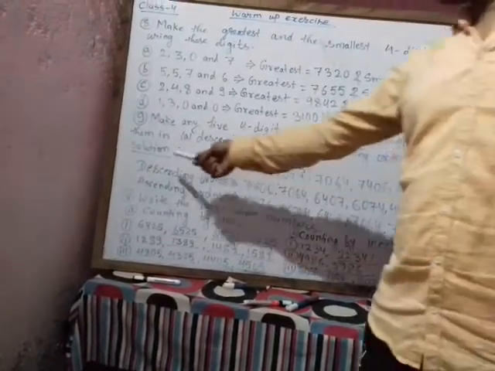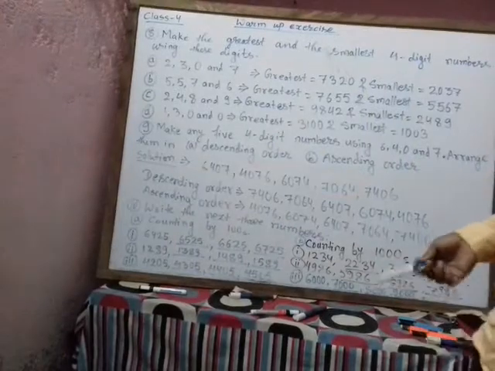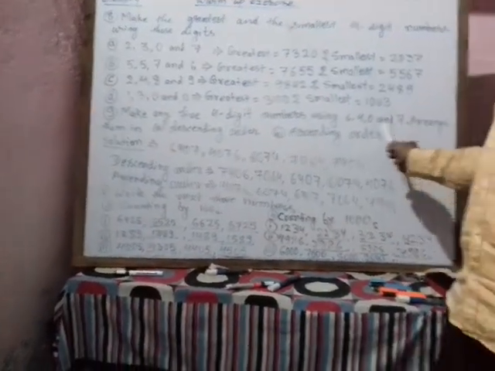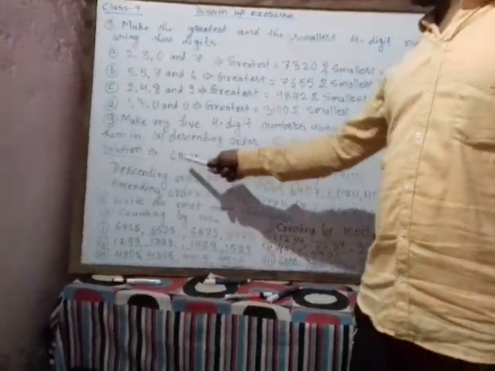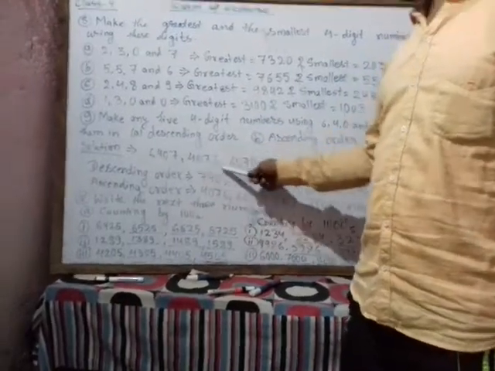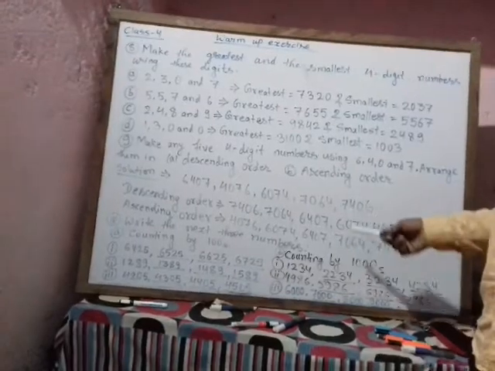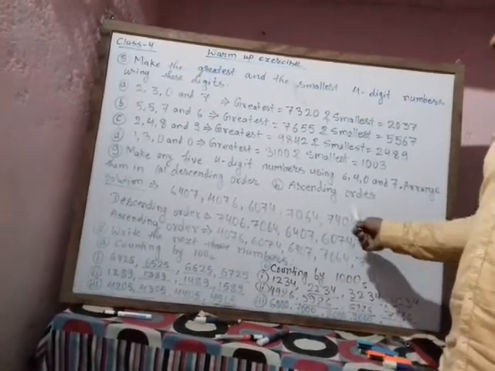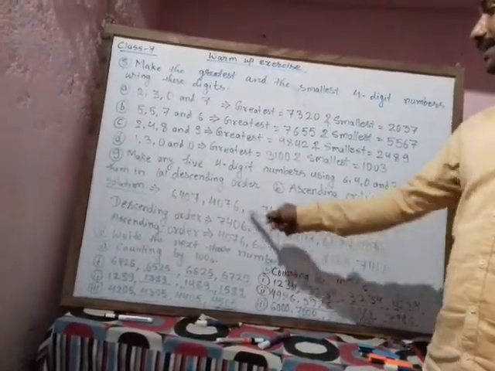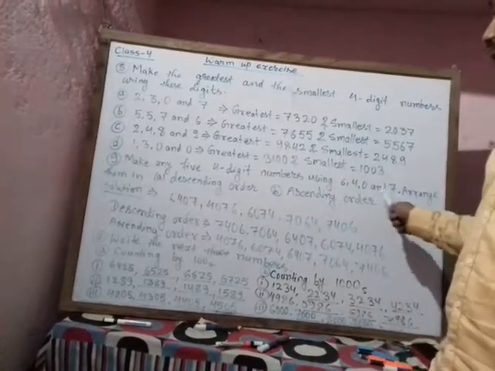In the solution I have first written 5 4-digit numbers made from these digits: 6407, 4076, 6074, 7064, 7406. In all the numbers the digits are the same.